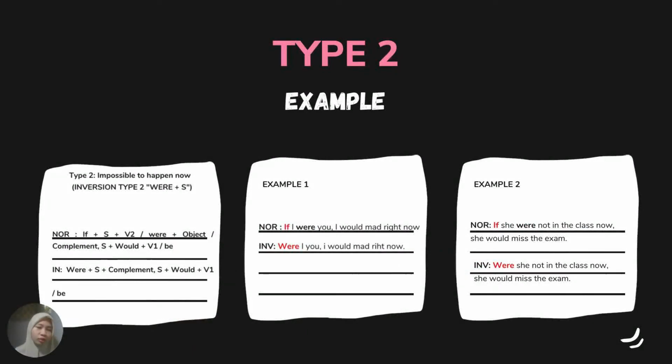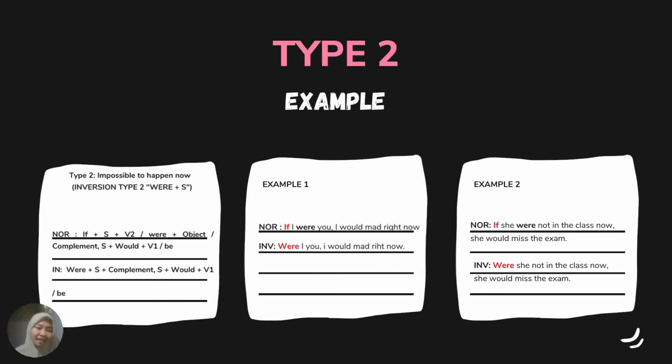And then for type 2, the function of type 2 is to state a sentence that is impossible to happen now. For the normal if clause pattern, the formula is if plus subject plus verb 2 or were plus object or complement, comma, subject plus would plus verb 1 or be.